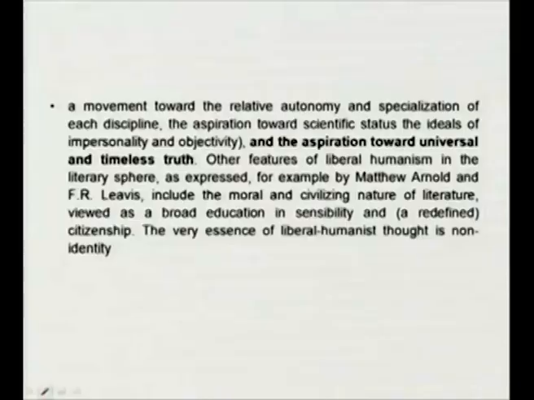A movement towards the relative autonomy and specialization of each discipline, an aspiration towards scientific status, the ideals of impersonality and objectivity, we will find how even T.S. Eliot talks about it, even though he goes into the domain of New Criticism, but his humanism was something which was a disinterested impersonality and the aspiration towards universal and timeless truth.